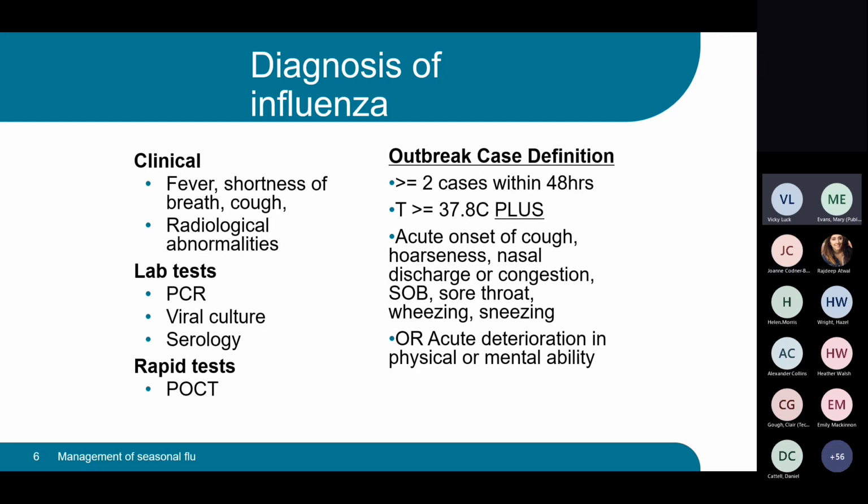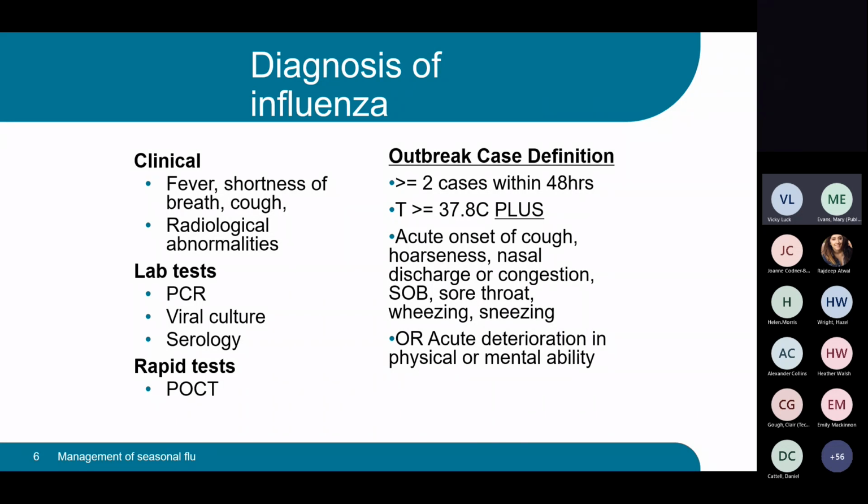Rapid testing is available. Again, this is point of care testing. This tends to be seen usually only in hospitals. It is quite expensive, but particularly in the current climate where we've got COVID and potentially flu circulating, it does give quicker access to diagnosis.